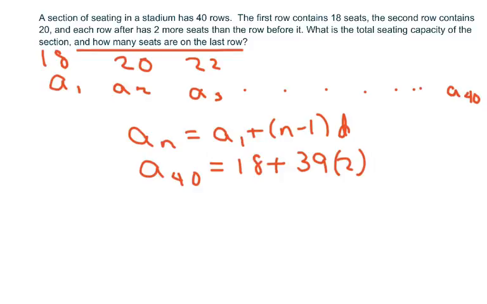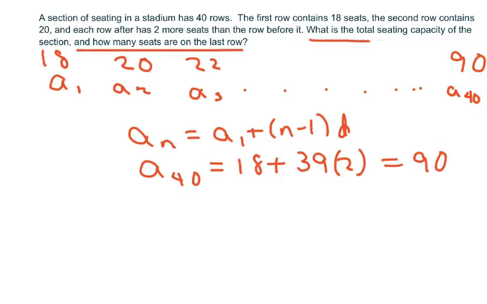Let me double check here. So we're going to get 18 plus 39 times 2, and that gives us 90. So this is 90.